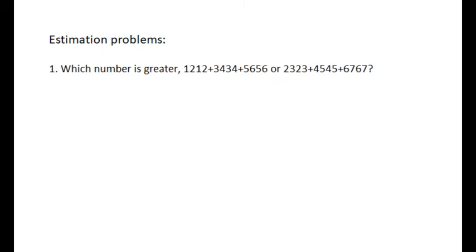And here I'll give you some problems to start with. First we ask, which is greater: 1212 plus 3434 plus 5656, or 2323 plus 4545 plus 6767.